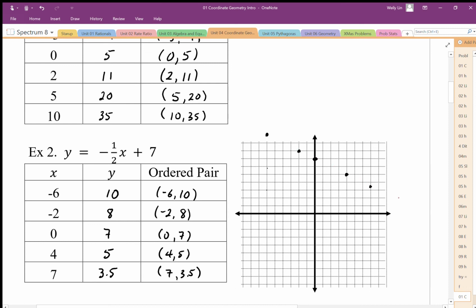When I multiply by negative 1/2 and add 7, it gives me a pattern that looks like that. Okay, that's not a very good line, but I hope you get the point. Okay, so I'm going to draw my line maybe a little bit nicer than that. So we're going to get a straight line pattern, and really it's the pattern that we're looking for.